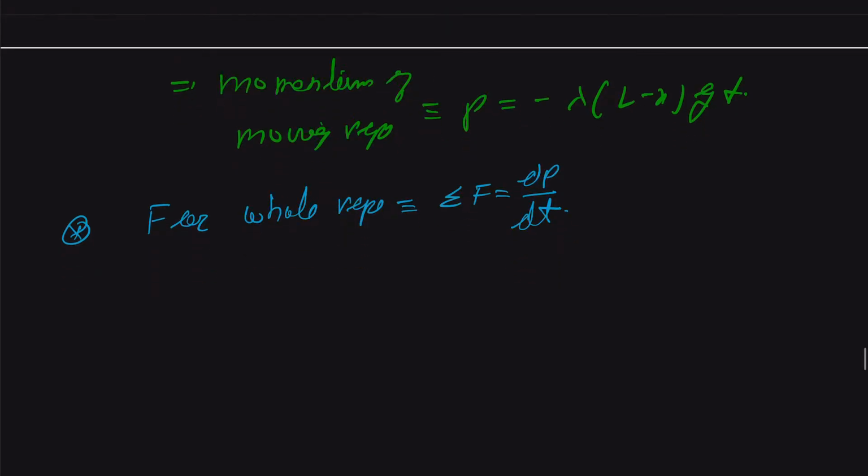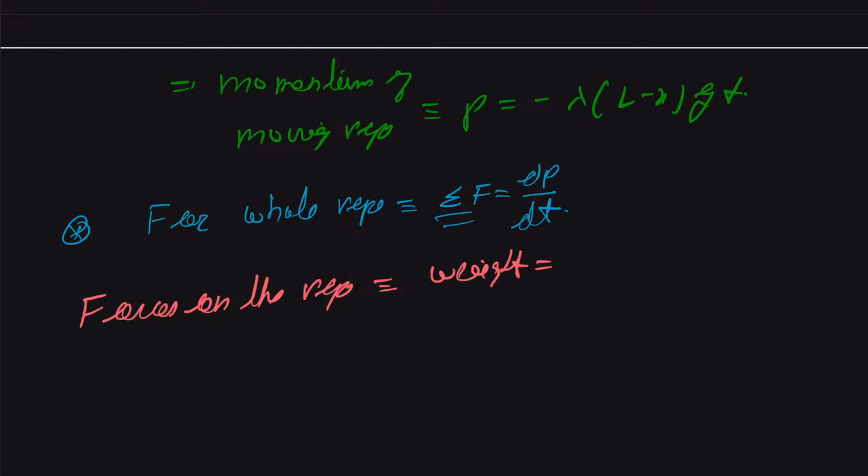Because we are interested in this force F, we have our weight, lambda L g, downward, and the support force, which is our normal, upward.